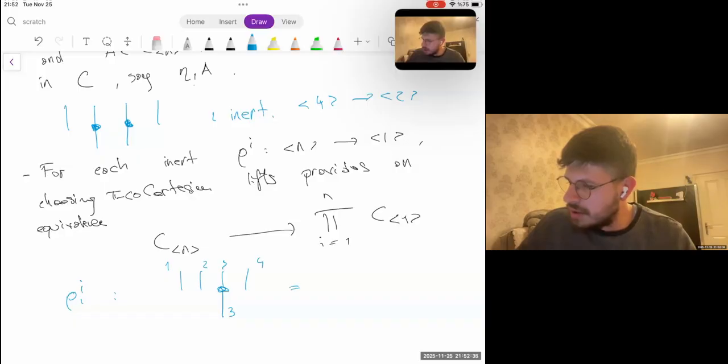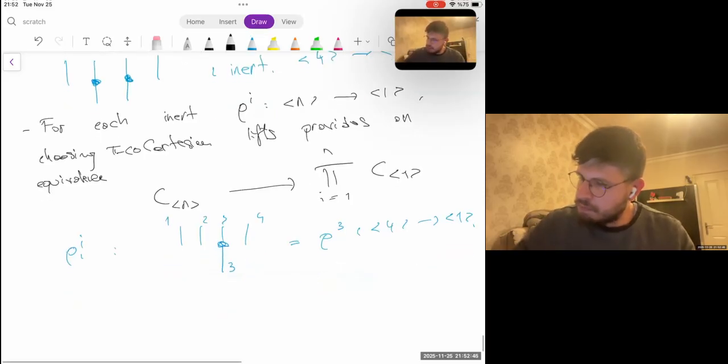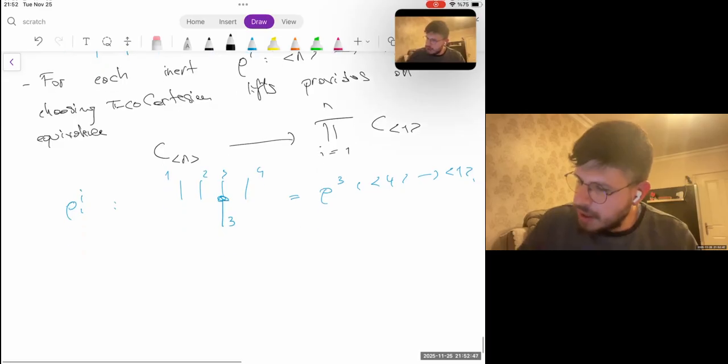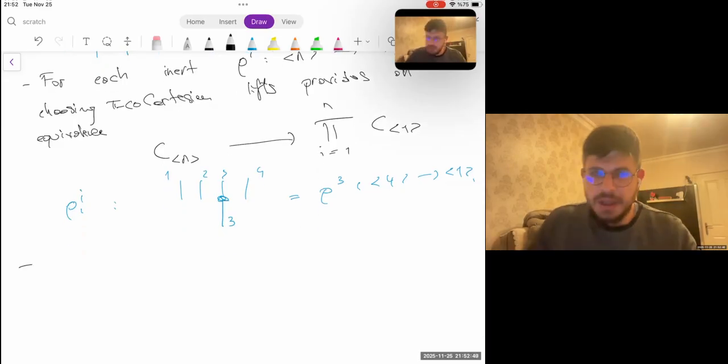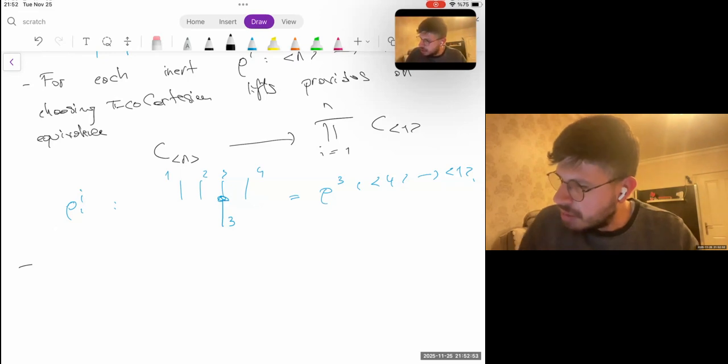So this is row 3 from 4 to 1. Anyway, so the third axiom, maybe quick. So this is about mapping spaces.